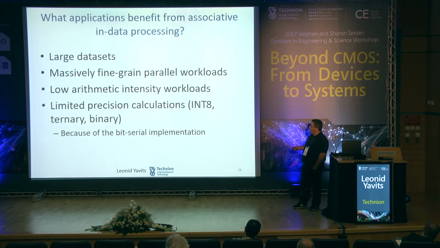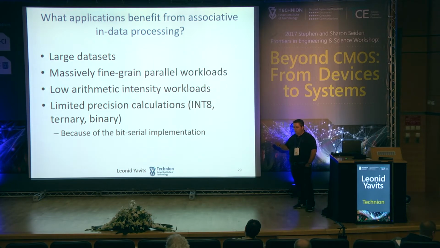Those workloads are massively fine-grained parallel workloads, meaning you do a similar simple operation on every piece of data, on every data sample. Low arithmetic intensity or high data intensity. Arithmetic intensity is the ratio between arithmetic operations and data and memory access. So you have to have data-intensive workloads for near data processing to outperform von Neumann architecture.